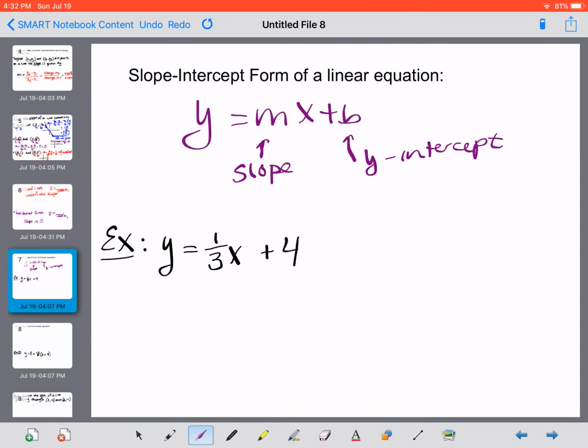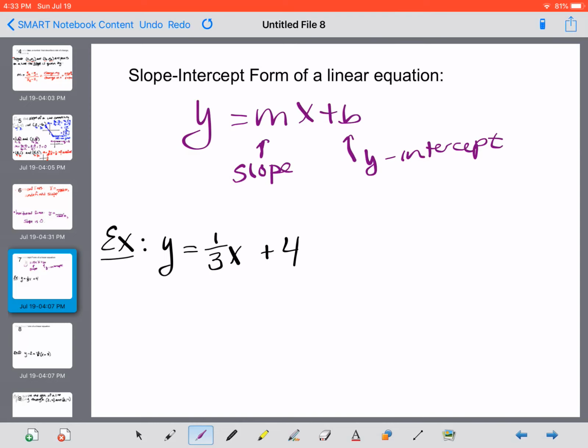Okay, this can be helpful because if we're given an equation of a form like this, y equals 1/3 x plus 4, of course you could graph this using the method we talked about before, finding 2 points on the line. But if we just plugged in 0 or 1, some of these numbers could get really messy depending on what your slope and y-intercept is. What we can learn from slope-intercept form of an equation is how to graph this without finding 2 points on the line directly.